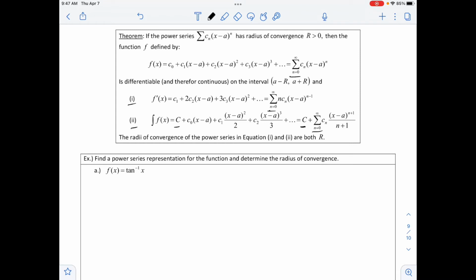The radius of convergence of the power series in equation 1 and 2 are both going to be r. So 1 and 2 do not necessarily have the same interval of convergence.